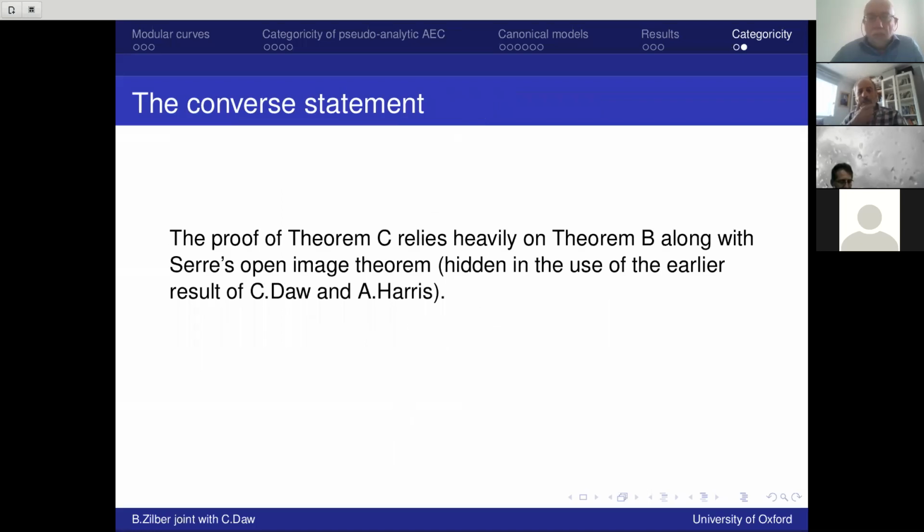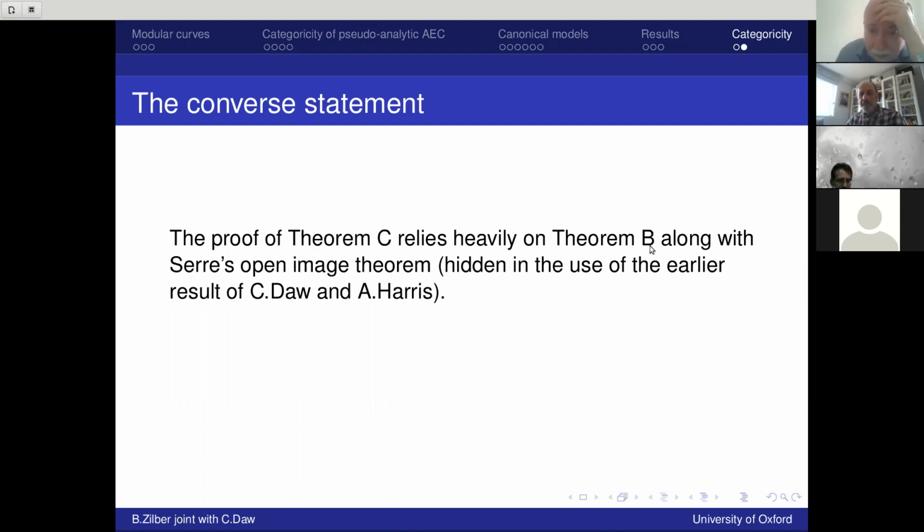Now, if you still remember, in similar previous examples, we said that to prove this categoricity statement, you have to use a lot of this number theory kind of information. And of course, in this case, the proof relies on this theorem.